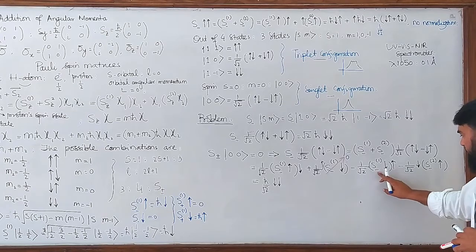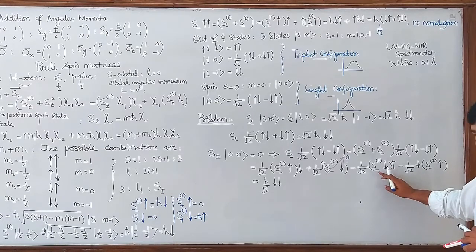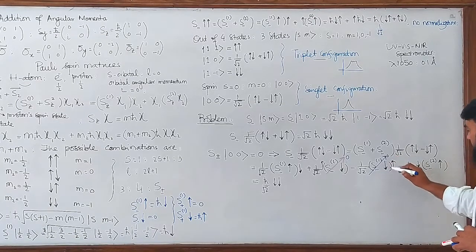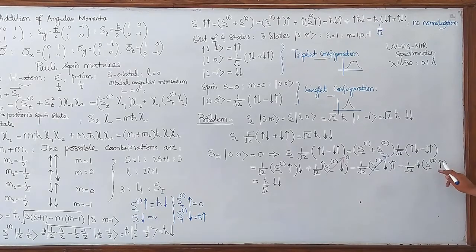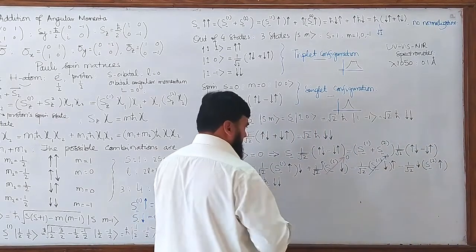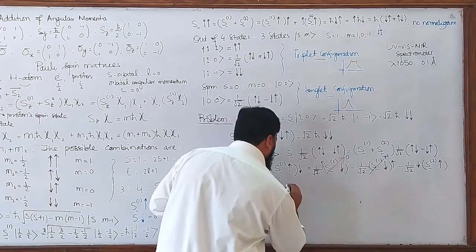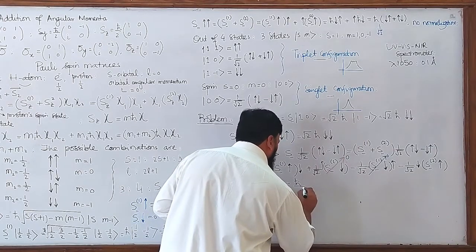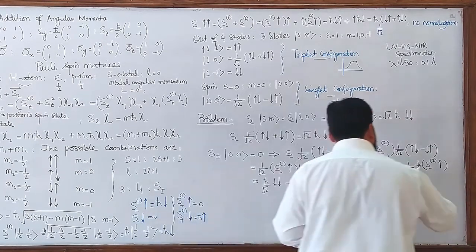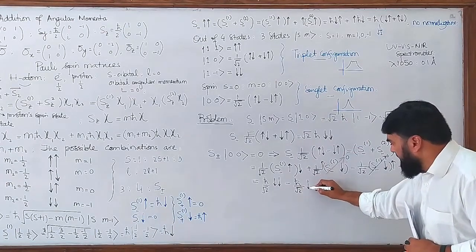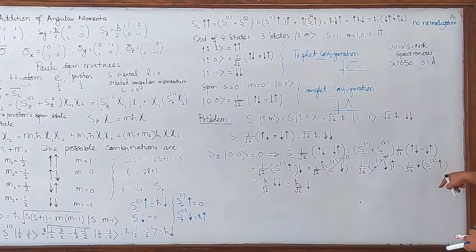And when it's minus on this, it will make it 0. And what about this one? It will make it minus h bar and square root 2, down 1 is here and this will be down.